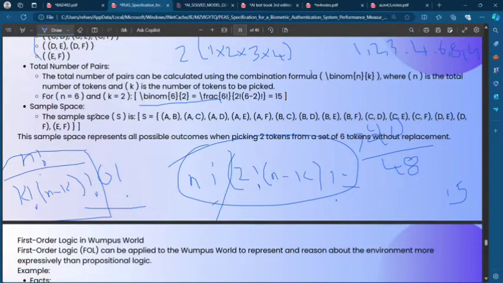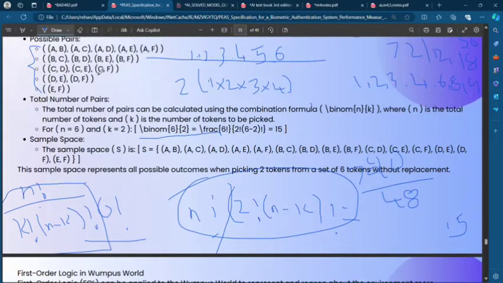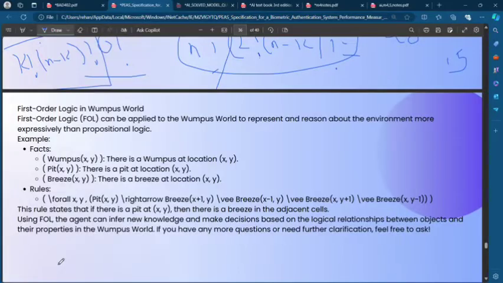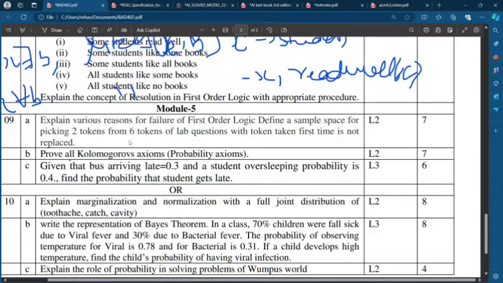Whatever the possible outcome is, you derive it, and it will equal this. Then write the sample space S equals the set of all these things, and close it. The sample space represents all the possible outcomes when picking two tokens from a set of 6 tokens without replacement. Since it was 15, you will write all 15 things.